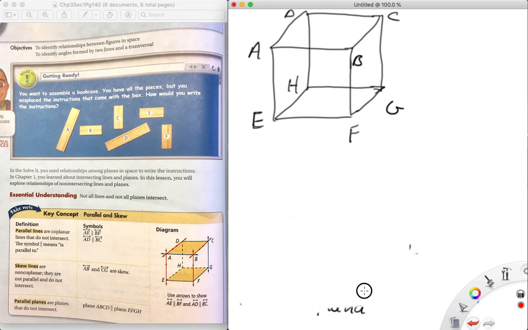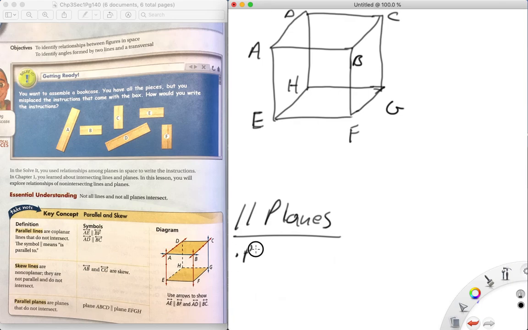Not only are lines parallel, but you can also have parallel planes. So parallel planes are just planes that don't intersect.